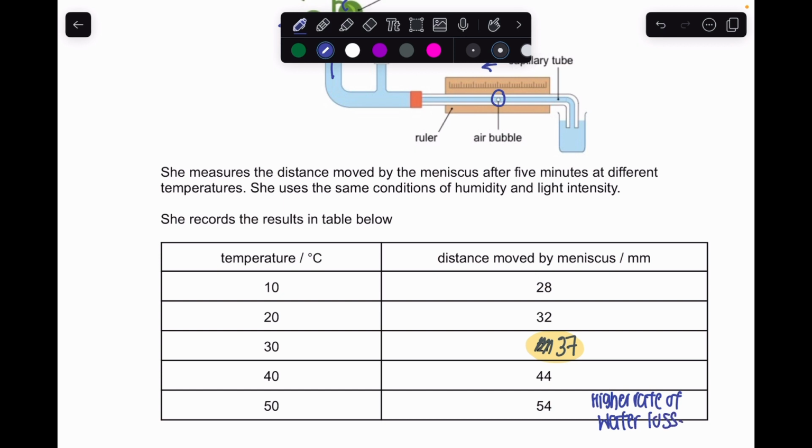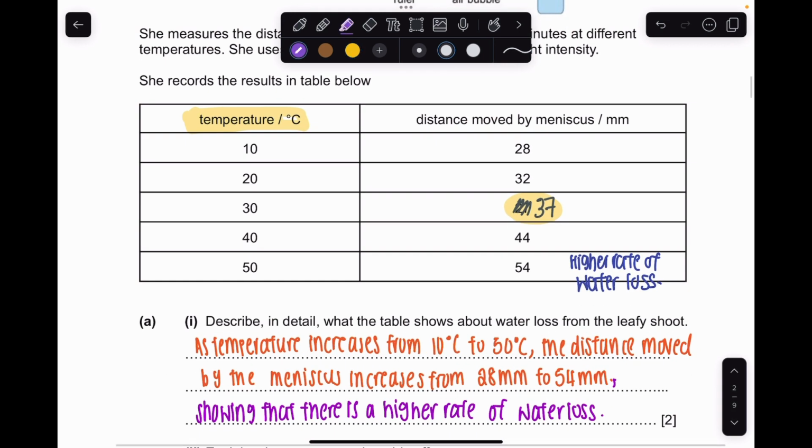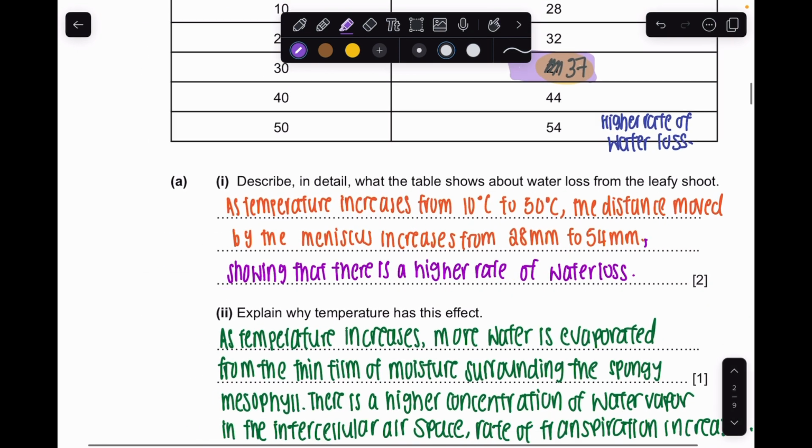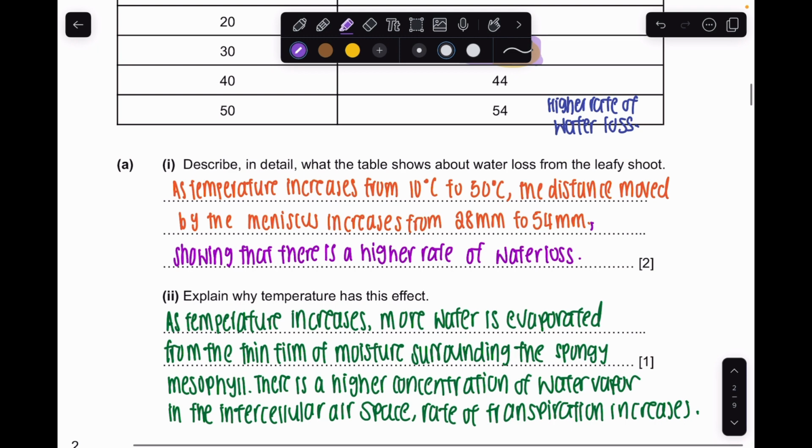Okay, so this student is investigating the rate of water loss caused by changing temperatures. So over here, can you make a quick edit to your question? Here it doesn't make sense for the number to be 27, so I changed the data point to 37. Now answering part A, describe in detail what the table shows us about water loss from the leafy shoot.